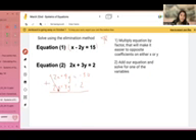-2x plus 2x is 0. 4y plus 3y is 7y. -30 plus 2 is -28. So we have 0 plus 7y equals -28.